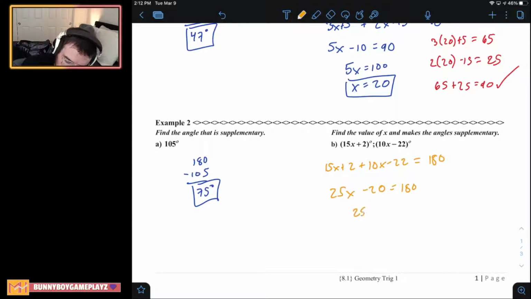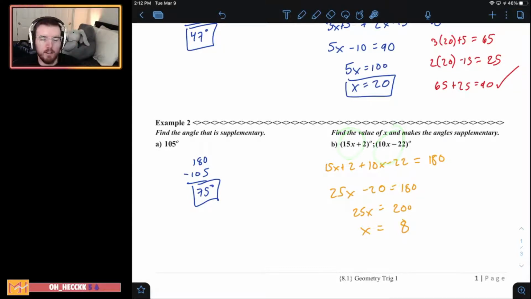Then 25x, you add the 20 and you get 200. And 200 divided by 25 is 8. I'm not going to bother plugging it in this time, but if you plug in 8 to each of these, you're going to get two angles that add up to 180 degrees.